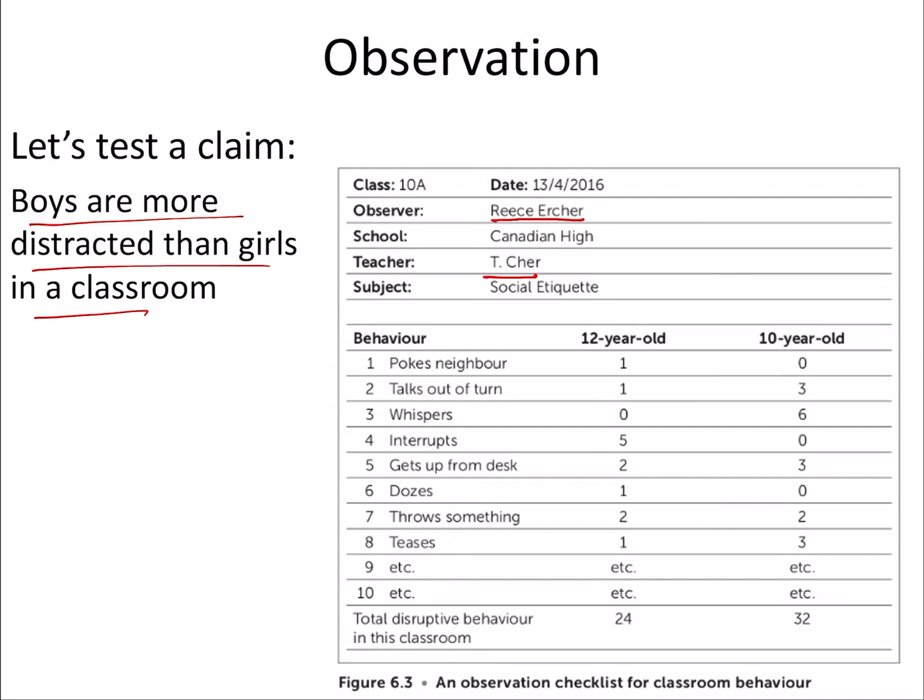All very humorous. But more interestingly, the idea is that when you're observing disruptive behavior, it's already previously been defined as these are the different things that are considered disruptive. And then there's a measurement occurring between two different children in a classroom.